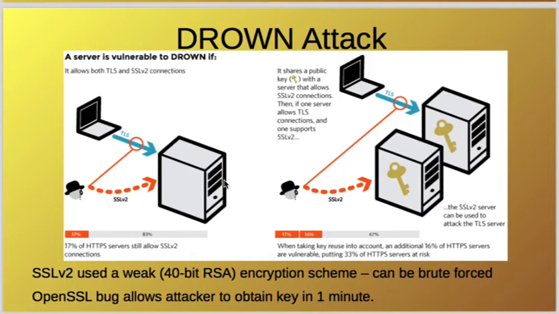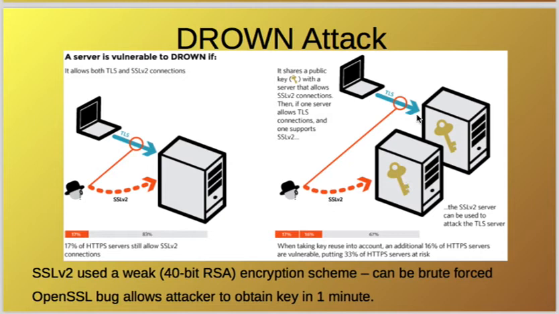It turns out that if your server actually talked to another server, for example, a database server, and it had a public key that it shared with a different server that allows SSL v2 connections, then if one server allowed TLS and one supports SSL v2, the SSL v2 server can be used to attack the TLS server.